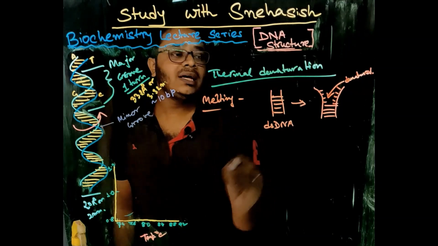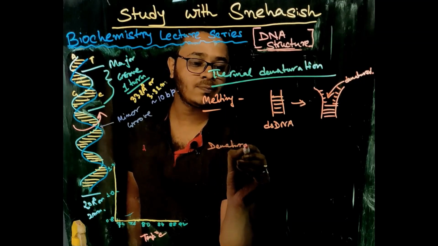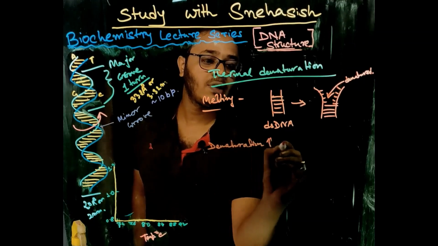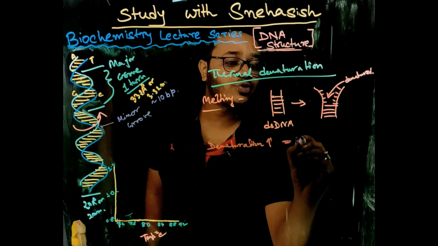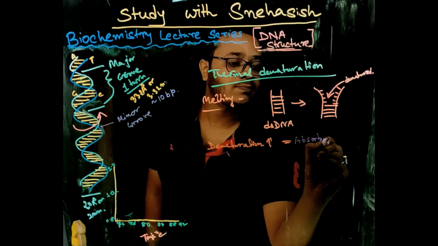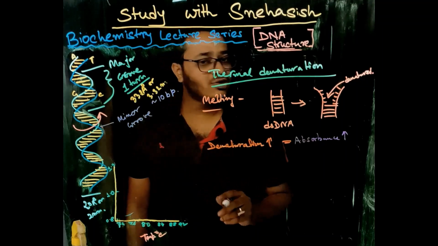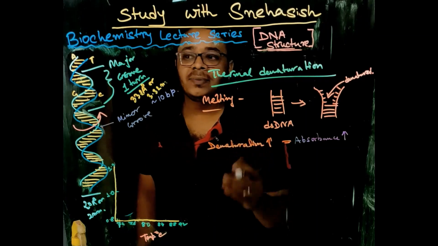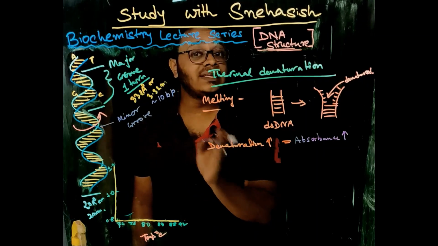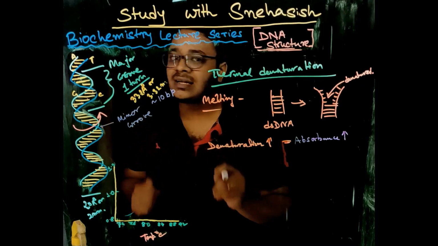Now, the increase in denaturation also leads to the increase in absorbance. Why? Because the nucleotides consist of aromatic bases in DNA. The aromatic bases, when present in the double-stranded structure, are stacked towards the inner side of the DNA.